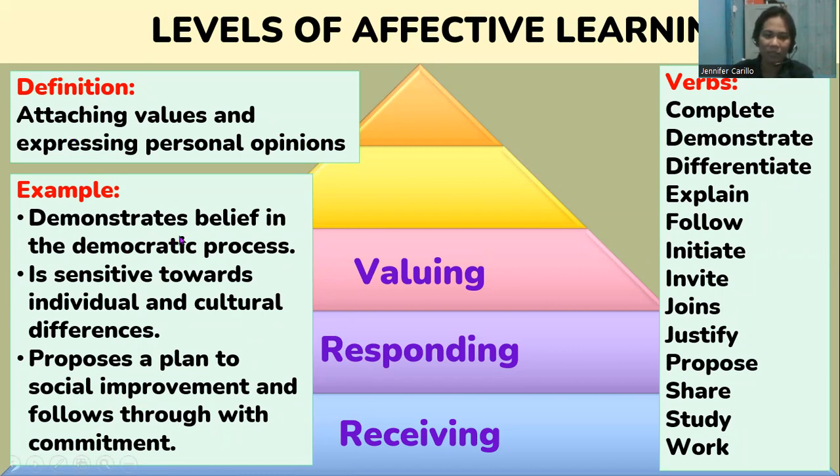Like in the first example, they give value to the democratic process, to cultural diversity, and to social improvement. The students here give value to everything that is given to them.